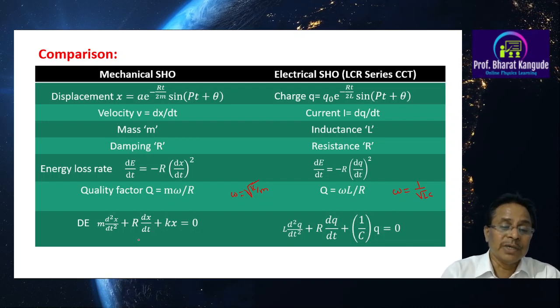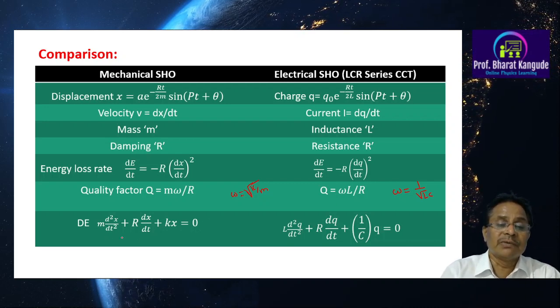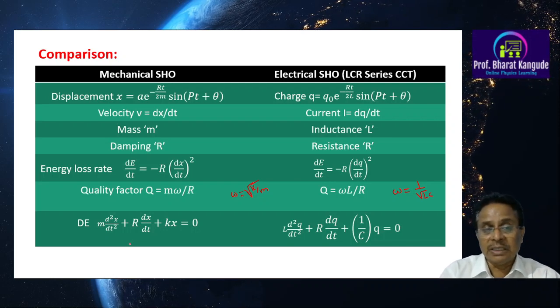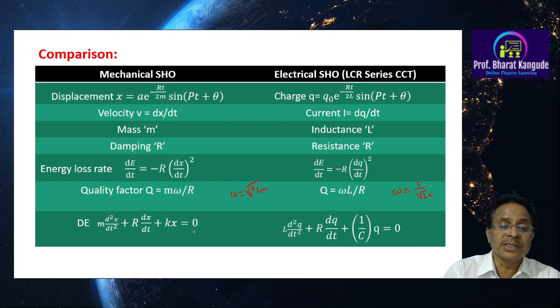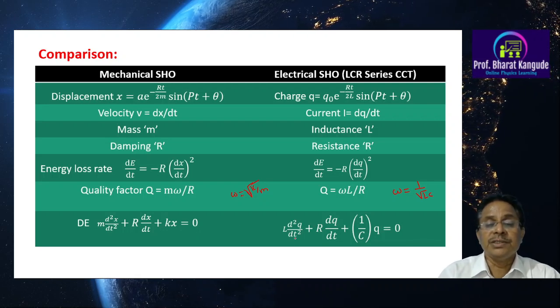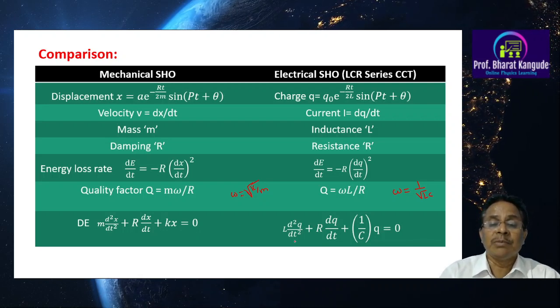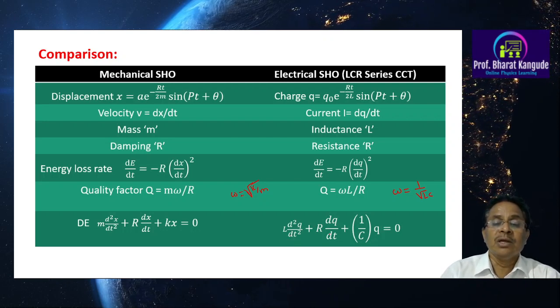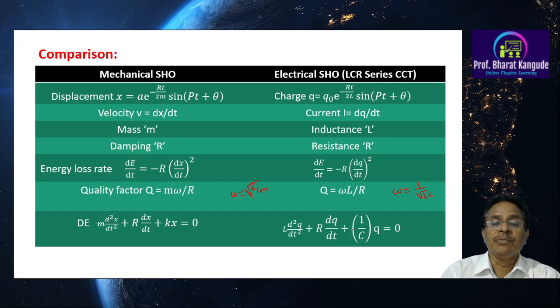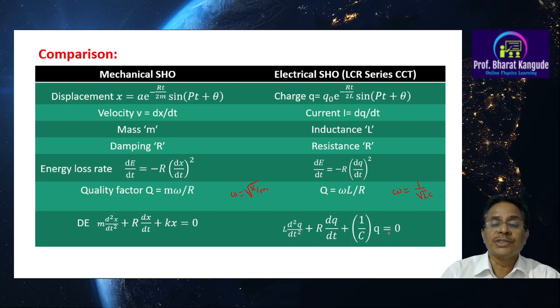And finally, as we have seen, the differential equation for the mechanical damped harmonic oscillator contains three different terms, and the right hand side is 0. The equation for the electrical damped harmonic oscillator consists of L into d square q upon dt square plus R into dq upon dt plus 1 upon C into q is equal to 0.